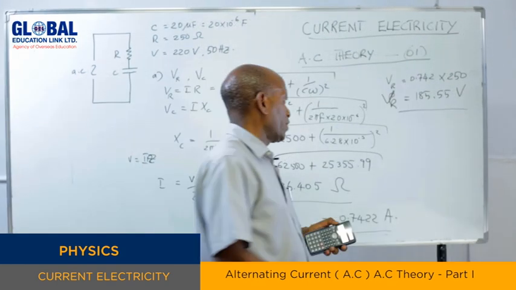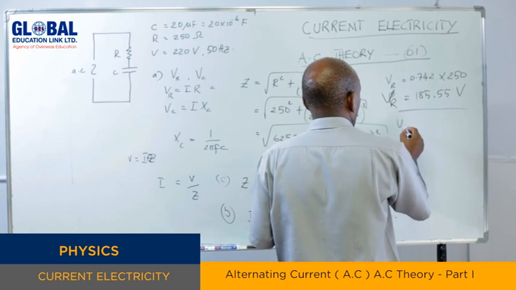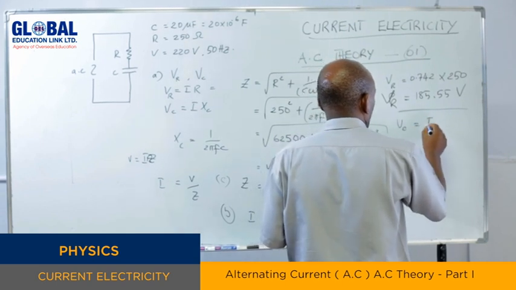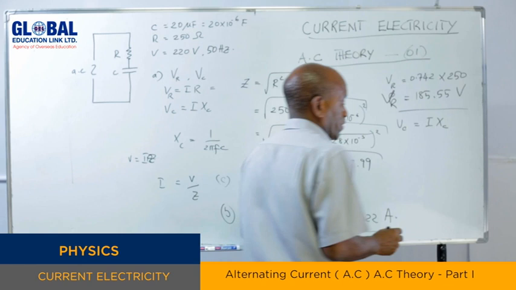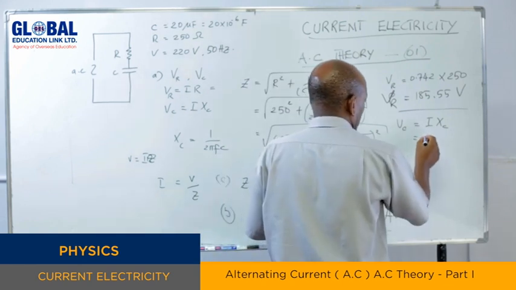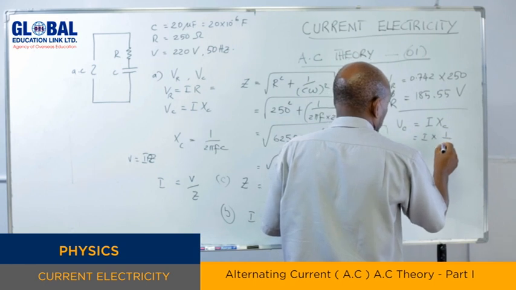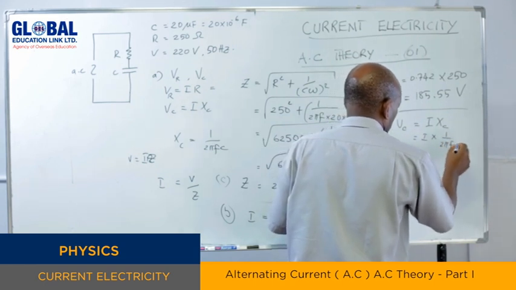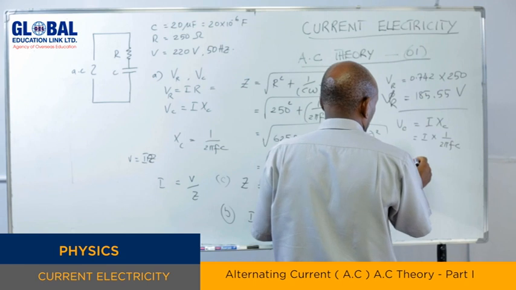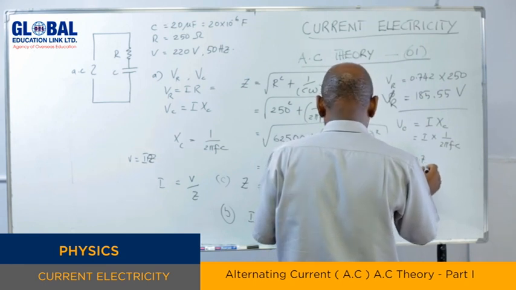Let us look at the voltage across the capacitor. The voltage across the capacitor will just be equal to the current times the capacitive reactance. This is the current times 1 over 2 pi f times c. The current there is equal to 0.7422.